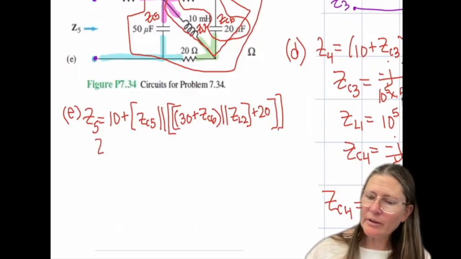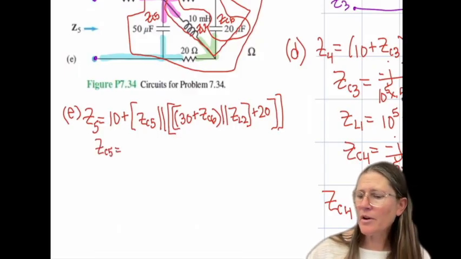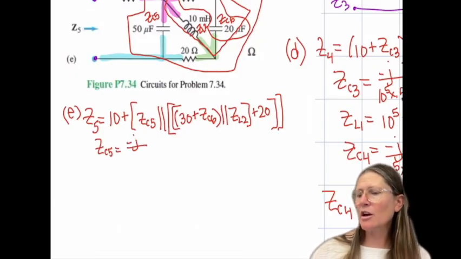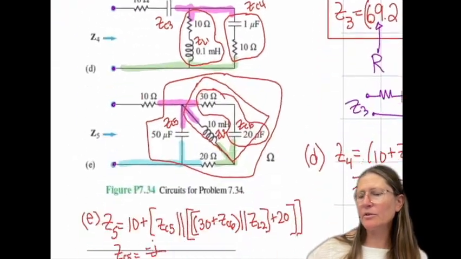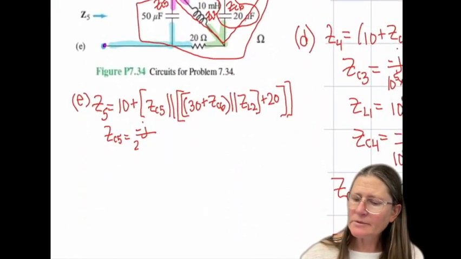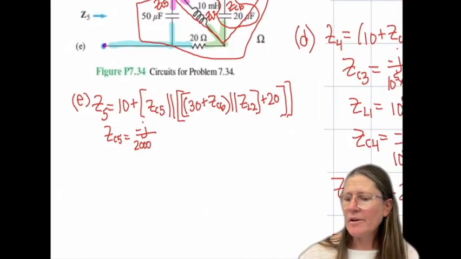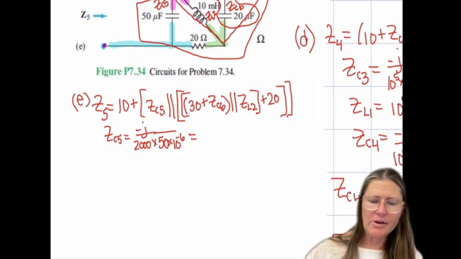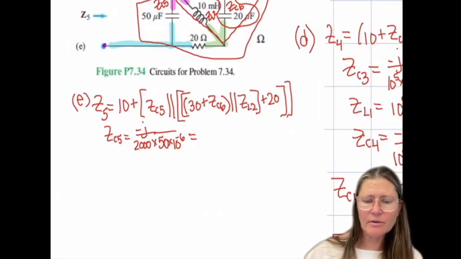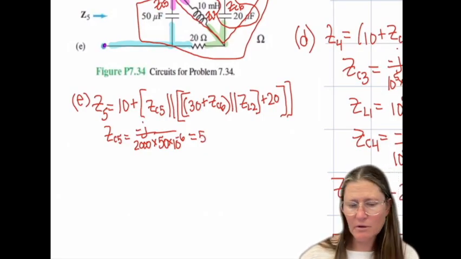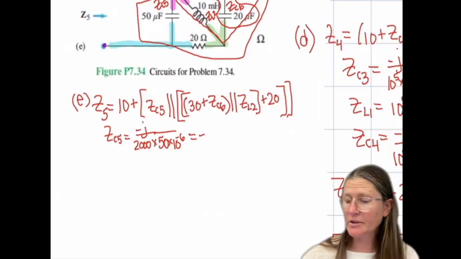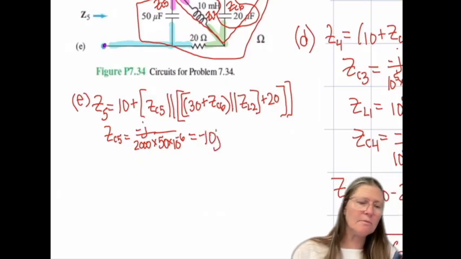So ZC5 is minus J over omega C. Omega in this case is 2,000, times 50 times micro, which is 10 to the minus 6. And that is minus J10, minus 10J.